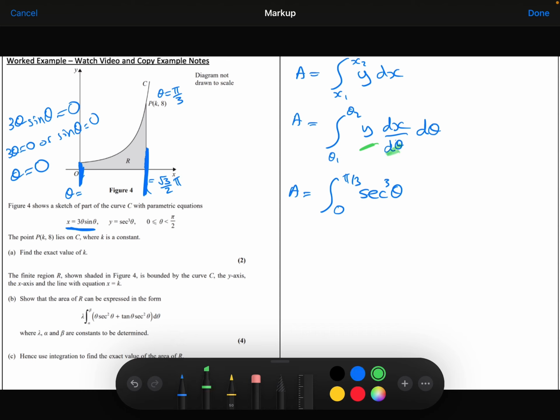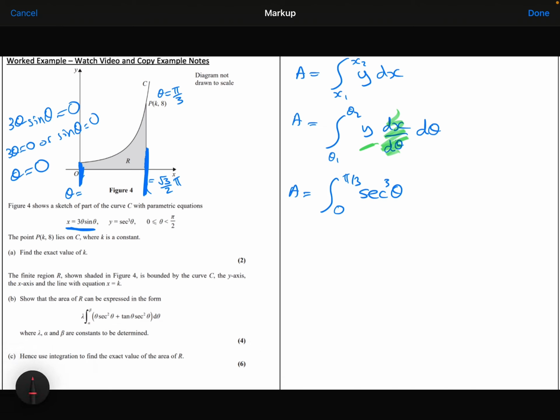Now I need my dx by d theta. So I need to differentiate x with respect to theta, if x equals 3 theta sine theta. Right, to do this, this is a product, so I need to use the product rule. If I say u equals 3 theta and v equals sine theta, then u dash will be 3, v dash will be cos theta.